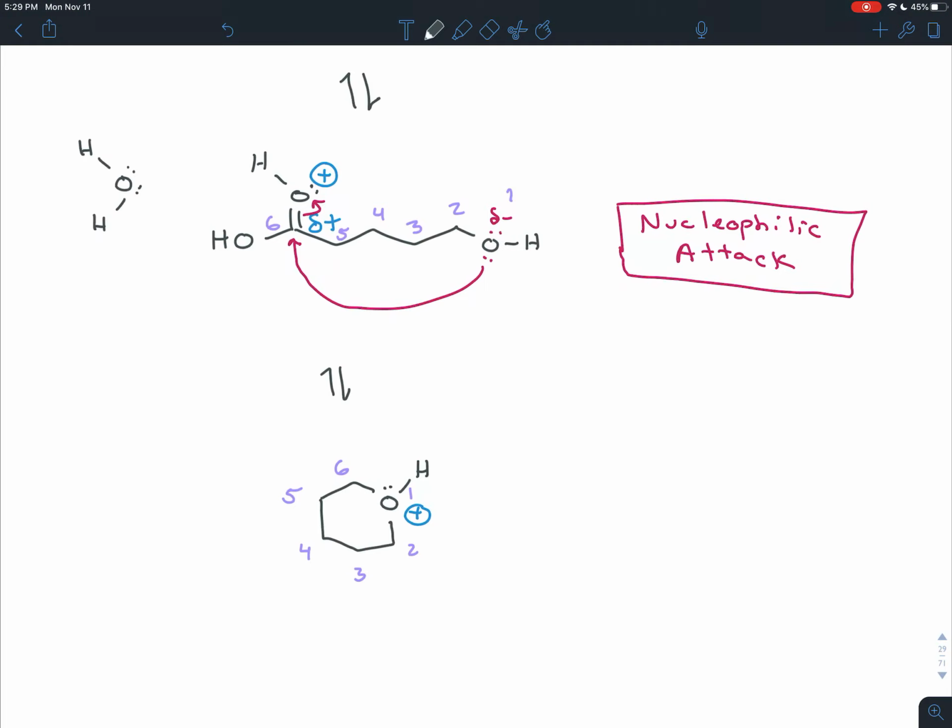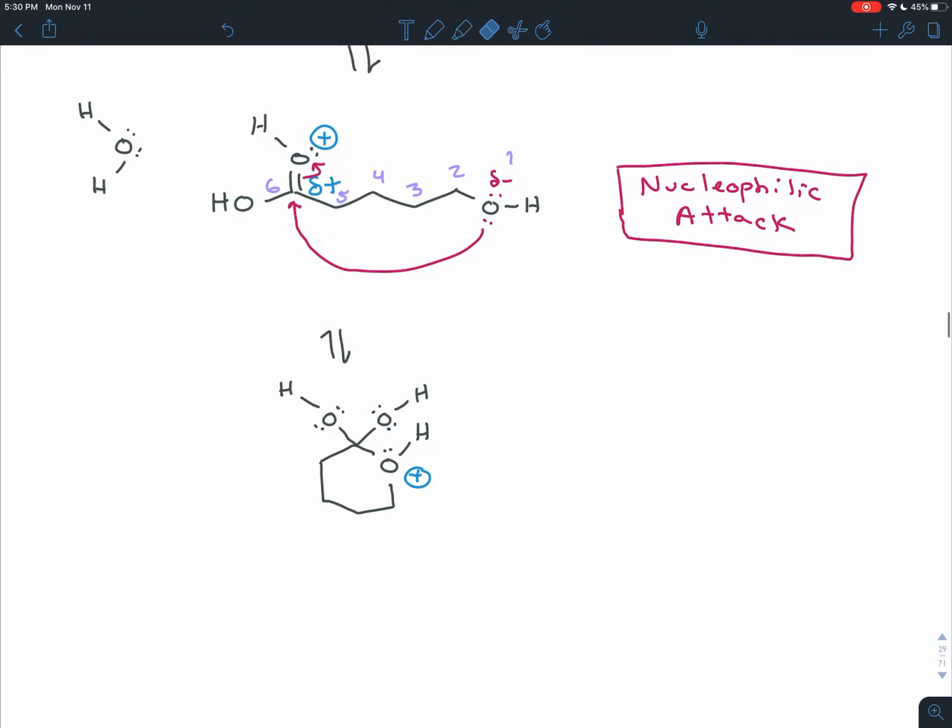The other thing we should have is, on carbon number 6, what was the carbonyl will just be an OH now, and we still have another OH on carbon 6. So this is the tetrahedral intermediate you would get when this intramolecular nucleophilic attack happens.